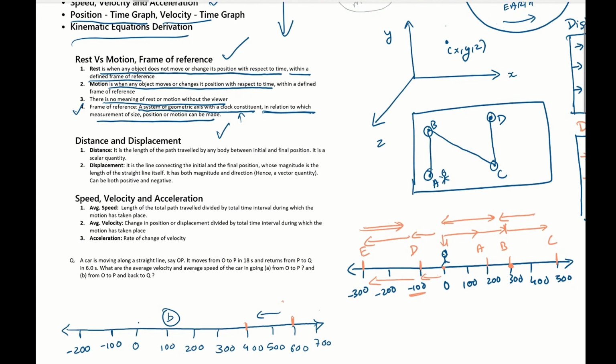Well, a quick way is to first understand what we mean by distance. Distance is the length of the path traveled by any body between its initial and final position. It is a scalar quantity.